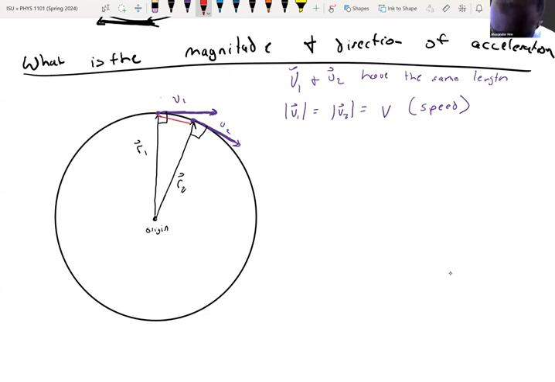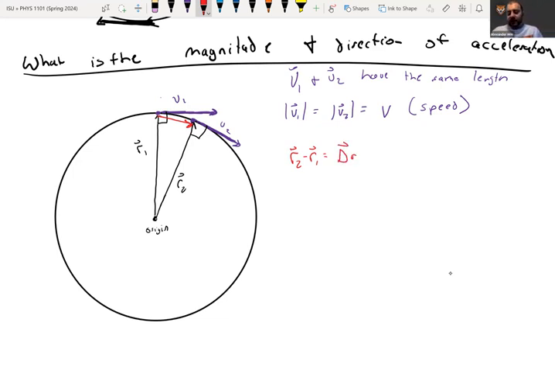Hopefully you remember that if I use this tail to tail method, that is a subtraction. So that would be R2 minus R1, and we call that delta R.